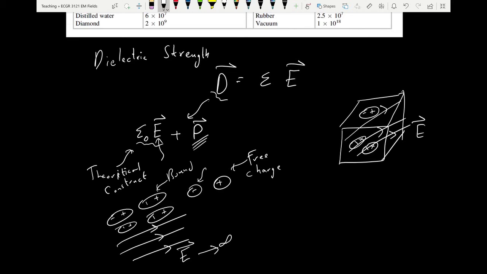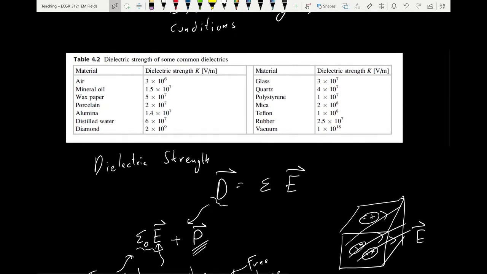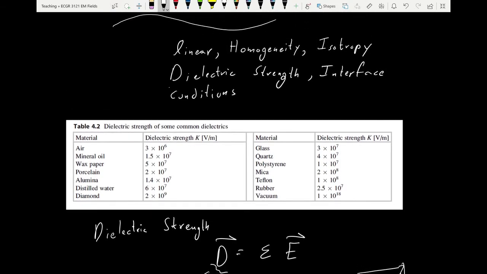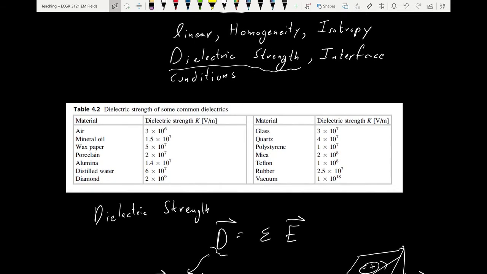And the electric field intensity where those atoms in the material break is the dielectric strength of that material or of that medium. So this is the concept of dielectric strength. And this table from the textbook shows the dielectric strength of a bunch of different materials.